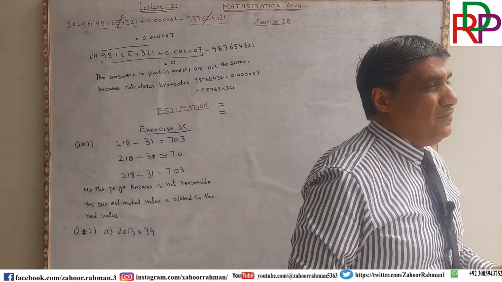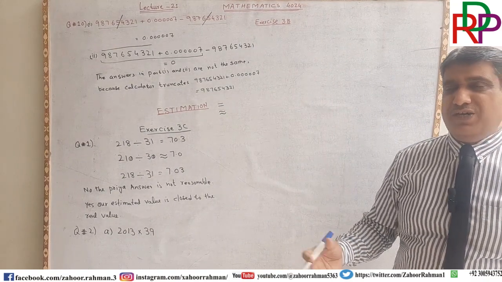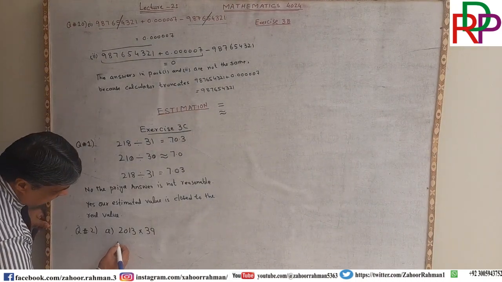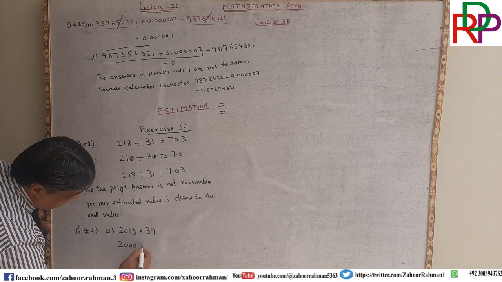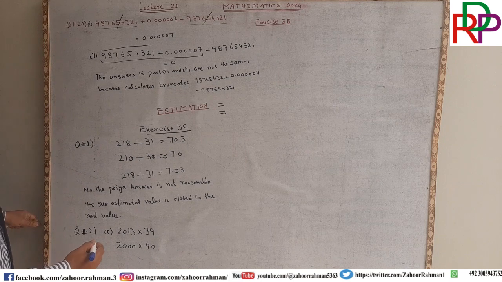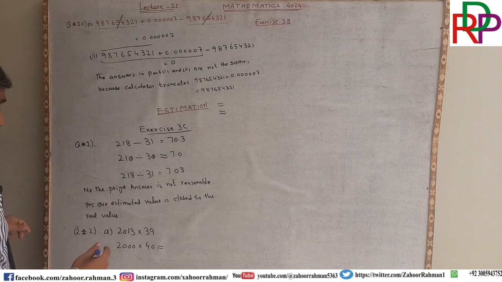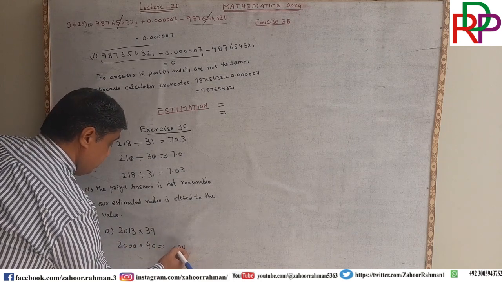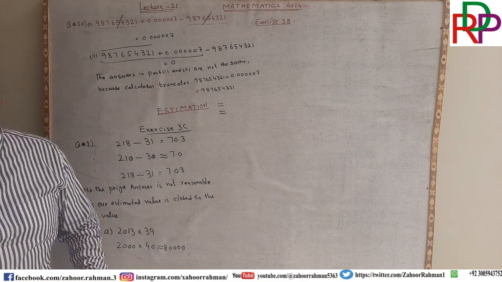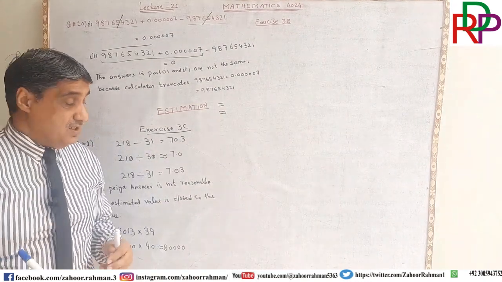Estimation is very necessary when you don't have a calculator and you want to estimate the nearest value. So 2000 multiplied by 40 is nearly equal to 80,000.